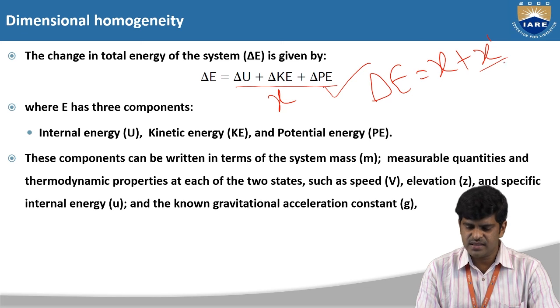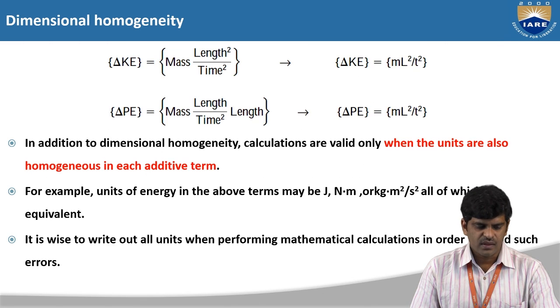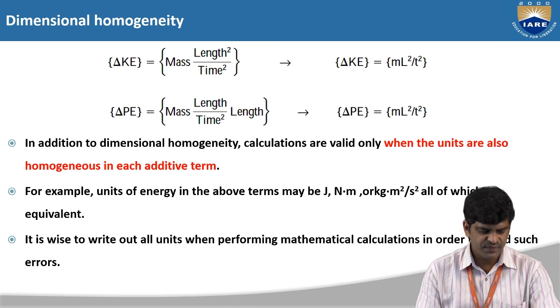This X dash might be a constant, but with the help of this X dash, it does not satisfy the condition of dimensional homogeneity. So that is the concept of dimensional homogeneity, which is very essential. Here are some cases where we will take examples of dimensional homogeneity also.